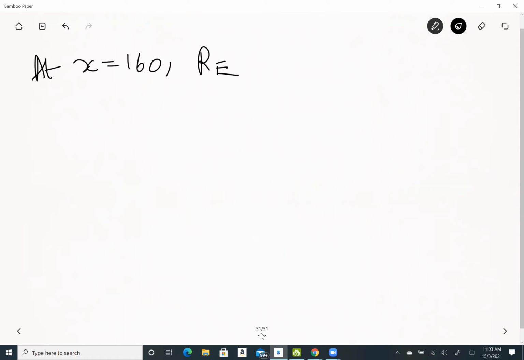find RE. Okay, and then you find CE, the break-even cost. And we must have equal. Of course, like I said earlier, when you do the substitution into different equations, you may have a different answer.